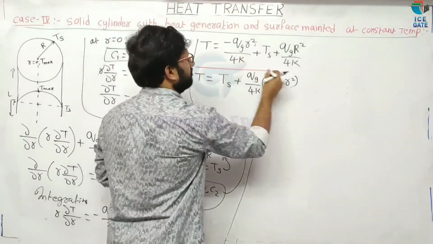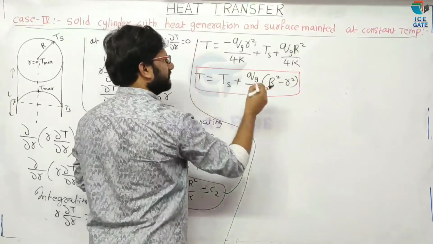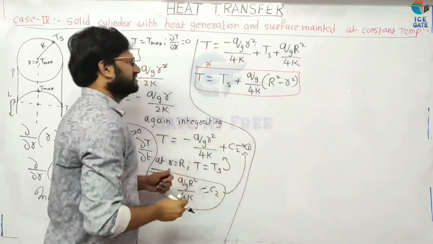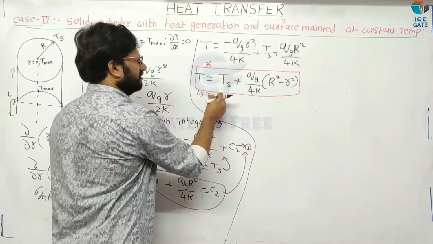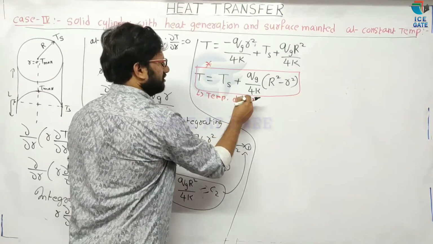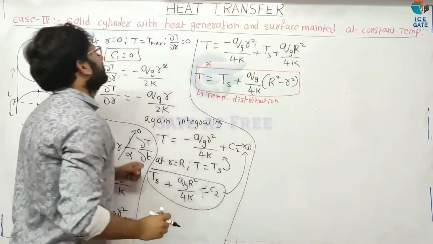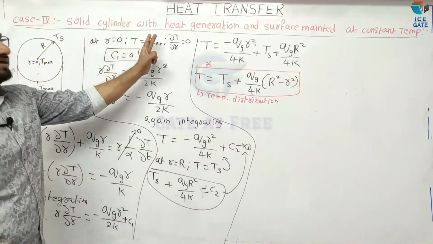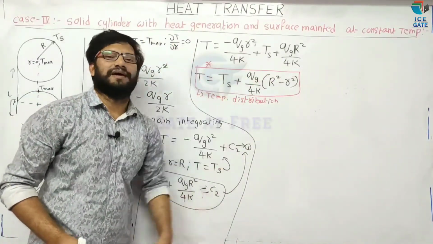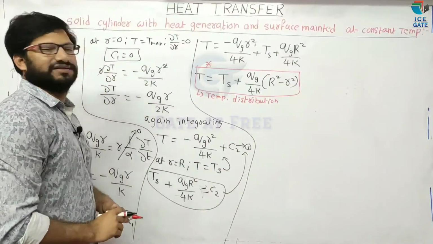So very, very important from GATE point of view. Now this is temperature distribution in the case of solid cylinder with heat generation and surface is maintained at constant temperature.